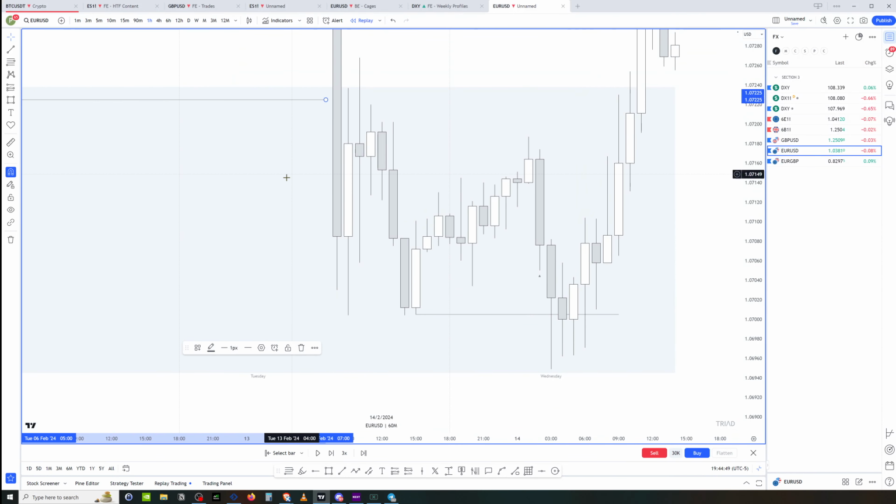So you have this massive divergence within the weekly candle itself. And then you have this divergence inside of the daily candle itself, and it's exposed by the sequential SMT.